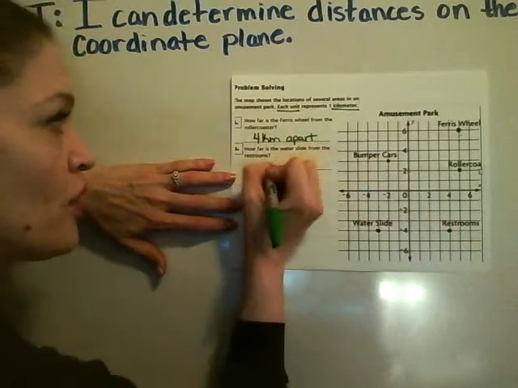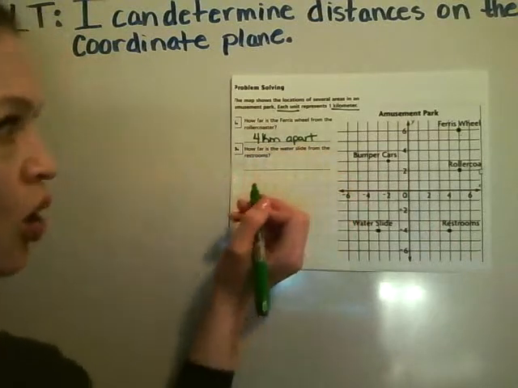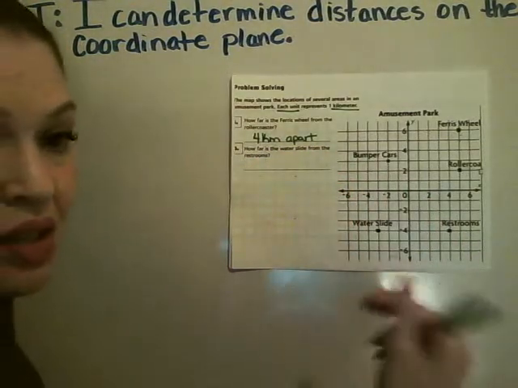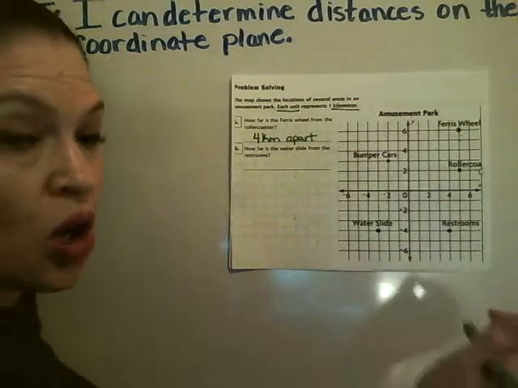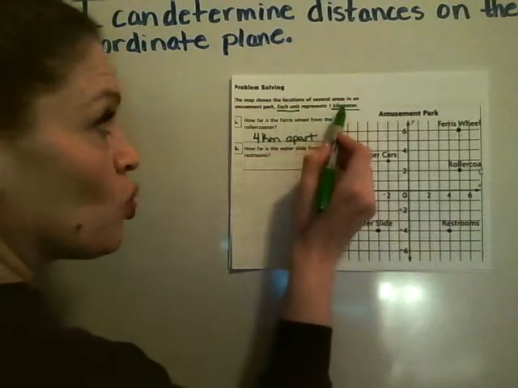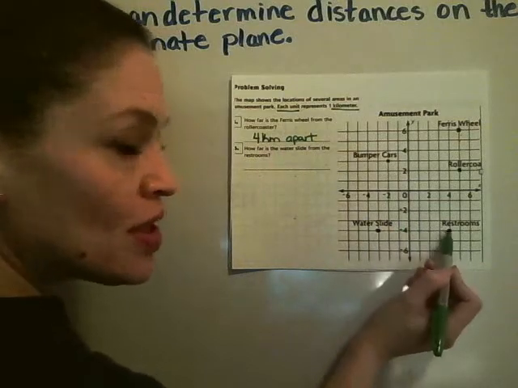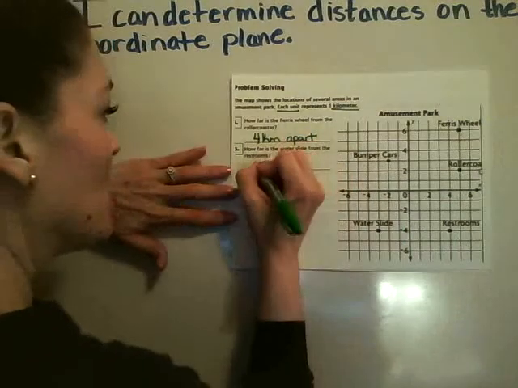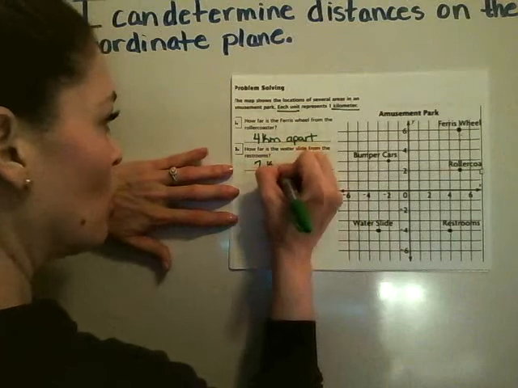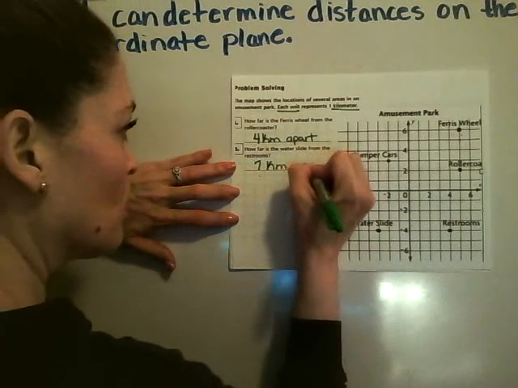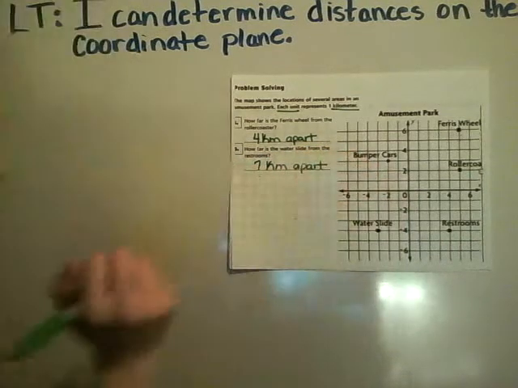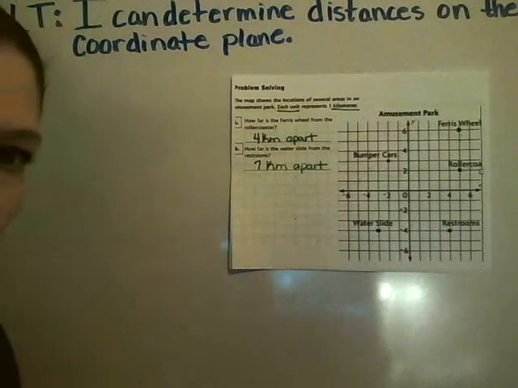So should I write 7 units? No, we're talking about distances in an amusement park. So each unit represents 1 kilometer. How many units did we have? 7. So this should be 7 kilometers apart. Okay?